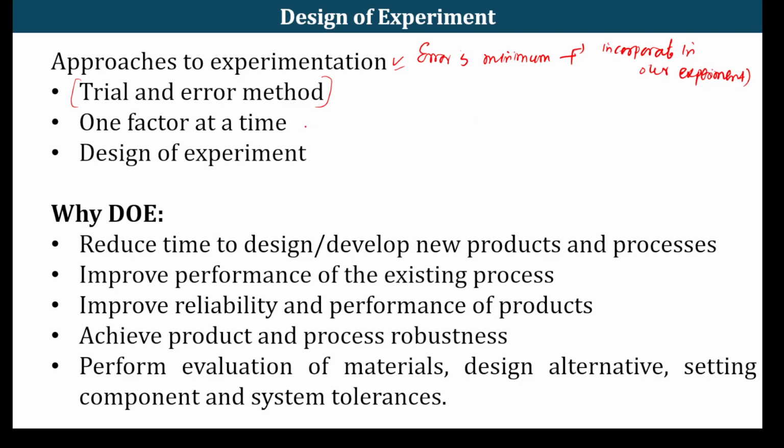Okay, then one factor at a time. Let's say you have too many variables or factors. You are not doing all factors at a time, so you take one factor at a time. Let's say in the drug itself you have concentration, composition, and other specifics.